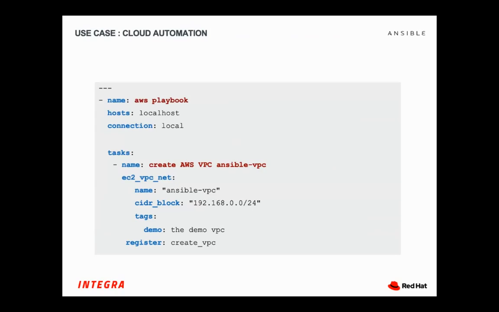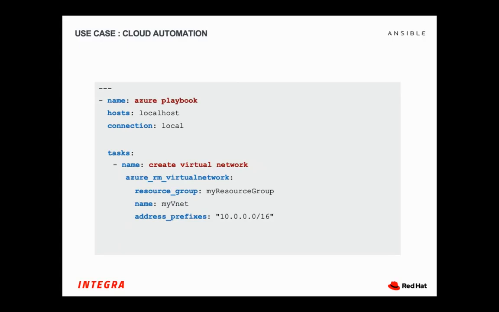This particular playbook would be running on your Ansible control node, as it is defined in the playbook that the connection is local and the host is local. That means it would be running on your Ansible Tower or Ansible host.